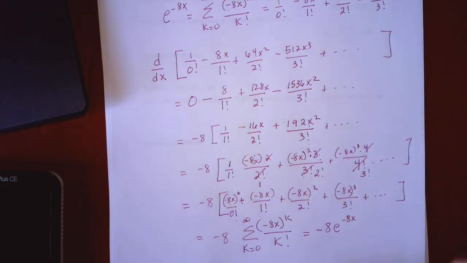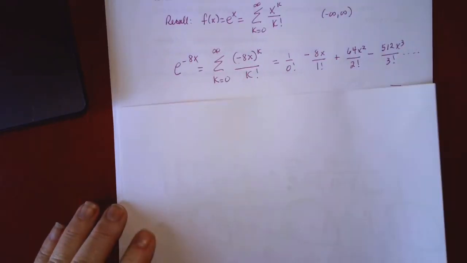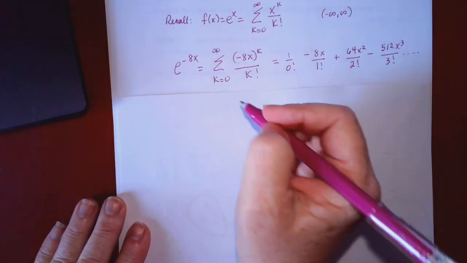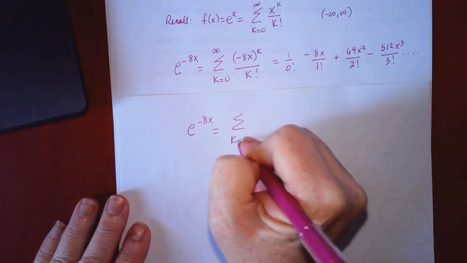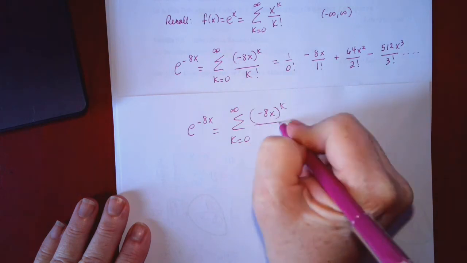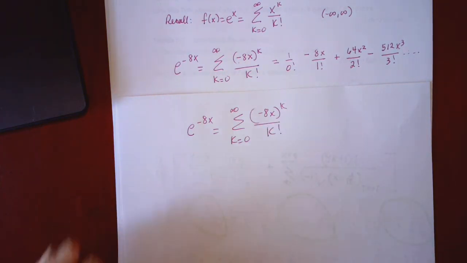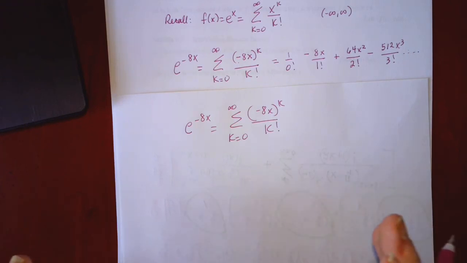Now, that's the brute force method. Like I said, we literally just wrote down the terms and took the derivative term by term. If we had gone back up to our original power series and you said, oh, well, if e to the negative 8x is the summation from k equals 0 of negative 8x to the k over k factorial, how do you take the derivative of that inside the summation notation?